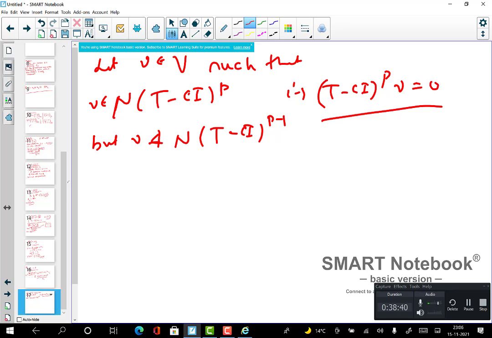If you apply T minus Ci on this vector, let me write this V1, so my V1 equals this V. If you apply it on V1, then this is an element of the null space of T minus Ci power P minus 1.